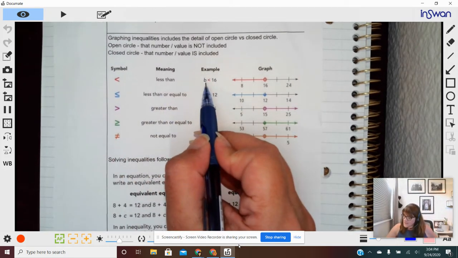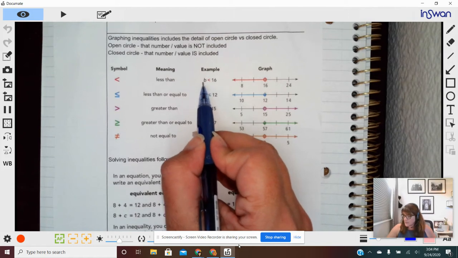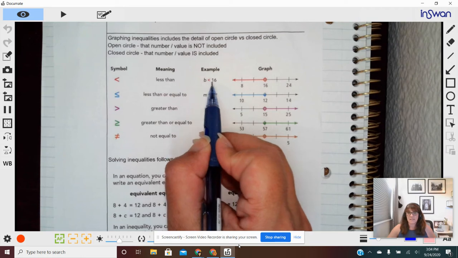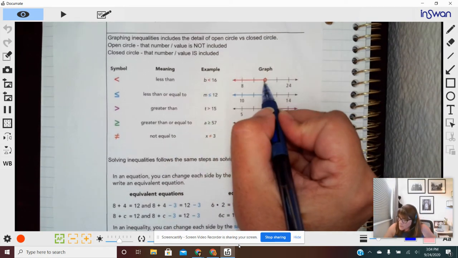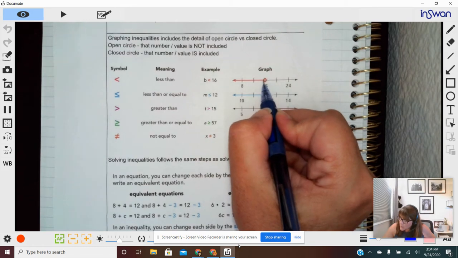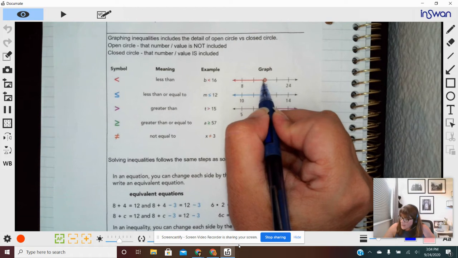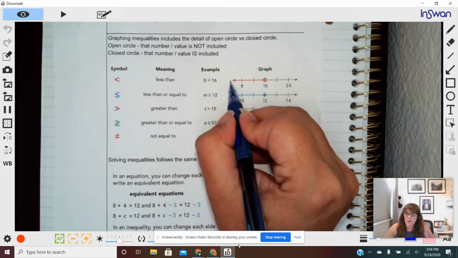If I have something like b is less than 16, boys less than 16 may not drive cars by themselves, then notice when I graph it, it gets an open circle. The 16-year-olds don't count. And all these other younger people can't drive cars by themselves either.